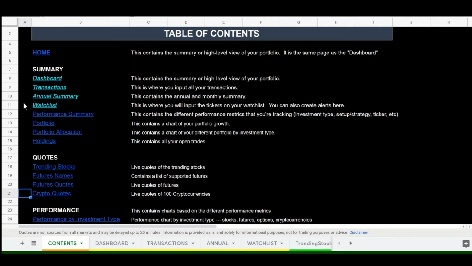And crypto quotes are just the top 100, but if you type in your transactions the actual crypto name, it will give you the quotation for that. But the quotes is just the top 100. But if you have crypto that's not in the top 100, that's okay. It will be in your transactions.